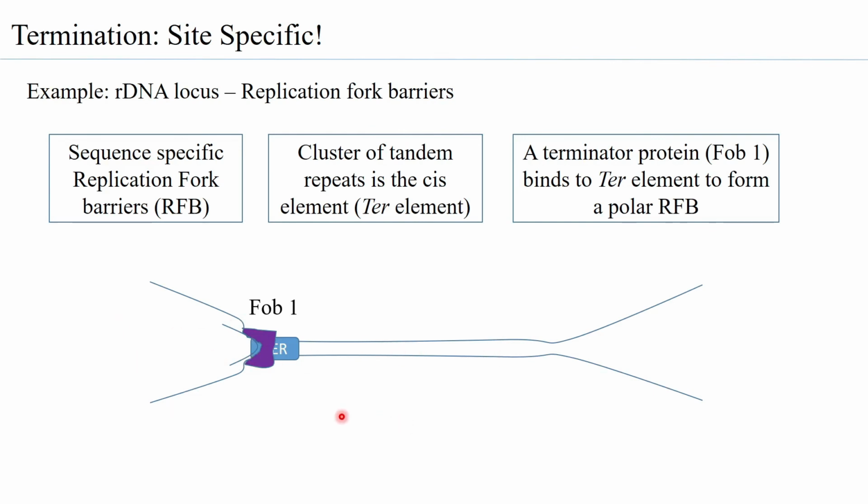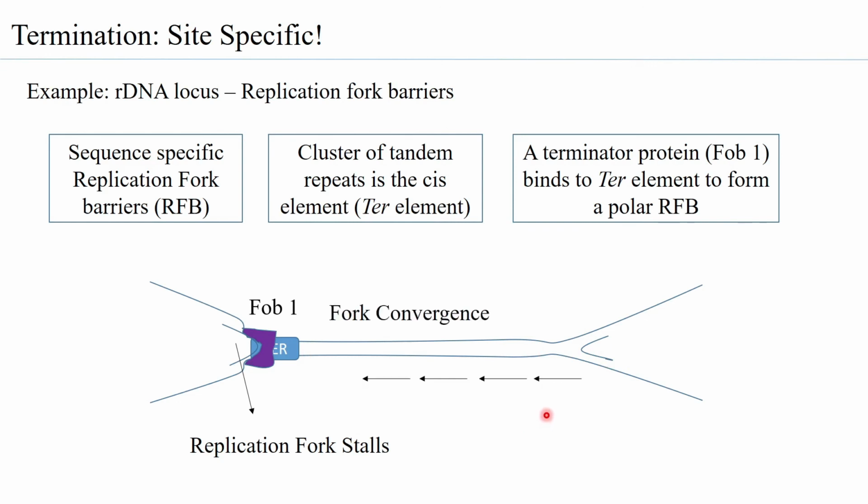So by far what is understood is that this replication fork stalls because of the presence of the Ter-FOB1 interaction, while this replication fork continues to move, and as it continues to move, it will converge with this fork. Now, when there is convergence over here, again the studies have suggested that there can be convergence bypass.